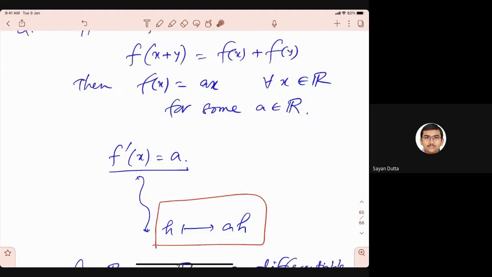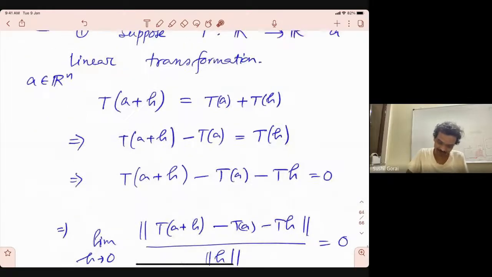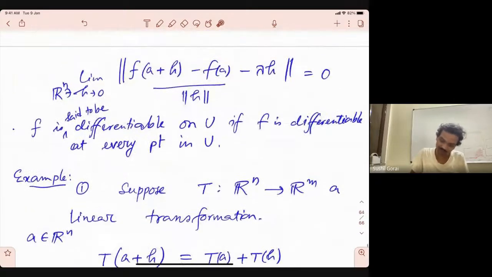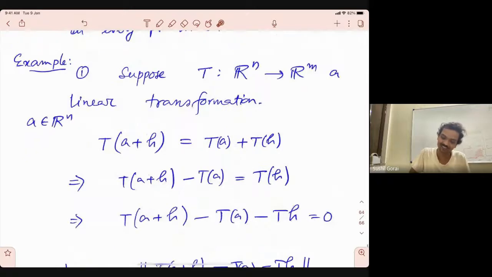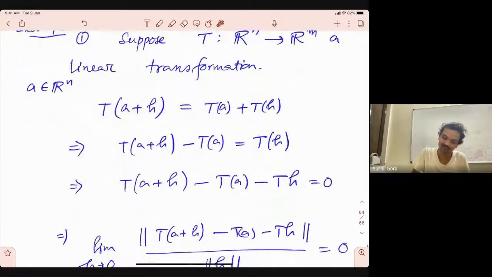And here, if you start with the linear transformation, then the same linear transformation would work, the same linear transformation would work actually as lambda. So it is actually the derivative.